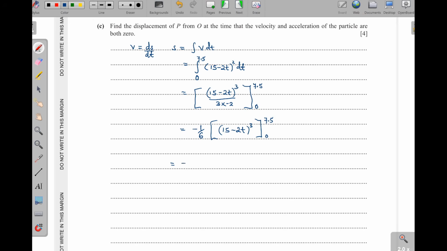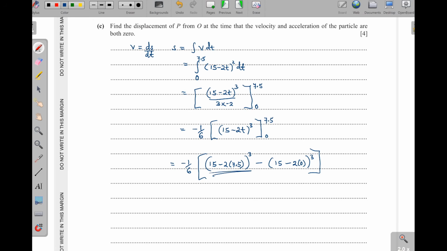So substituting in here, 1 over 6, we have 15 minus 2 times 7.5. This one will give us 15, so that will be a 0. Then minus, we shall have 15 here. By the way, this one will be cubed. 15, then minus 2 times 0, and then we cube it.